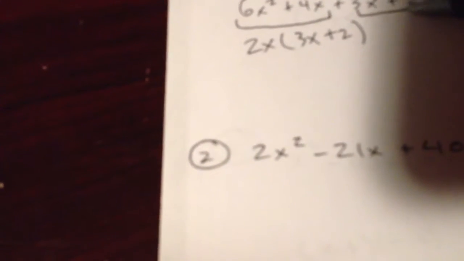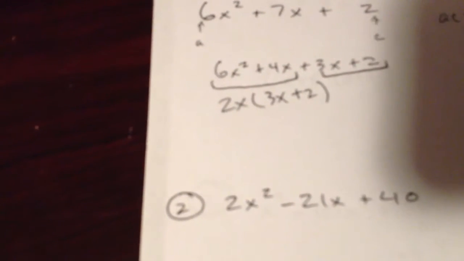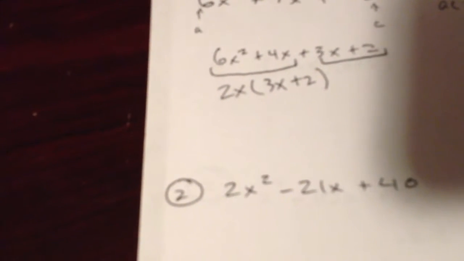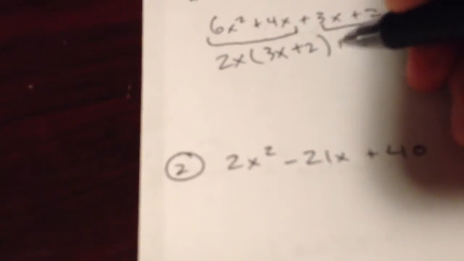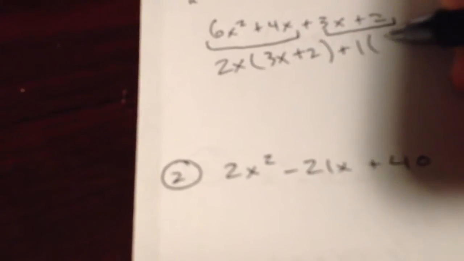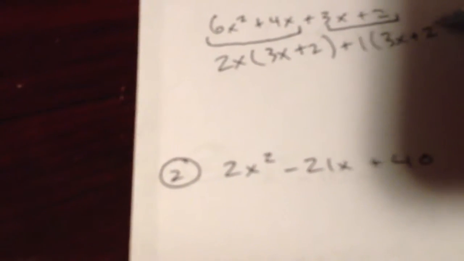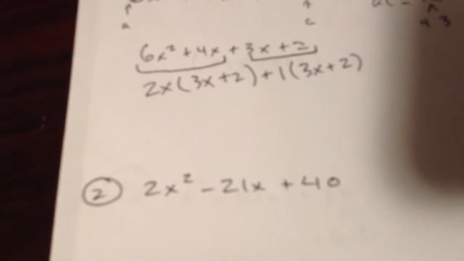I now look at my second group there. Now 3x and 2 do not have anything in common but 1. So I put a positive 1 on the outside. When I divide both 3x and 2 by 1, I still have 3x and 2.